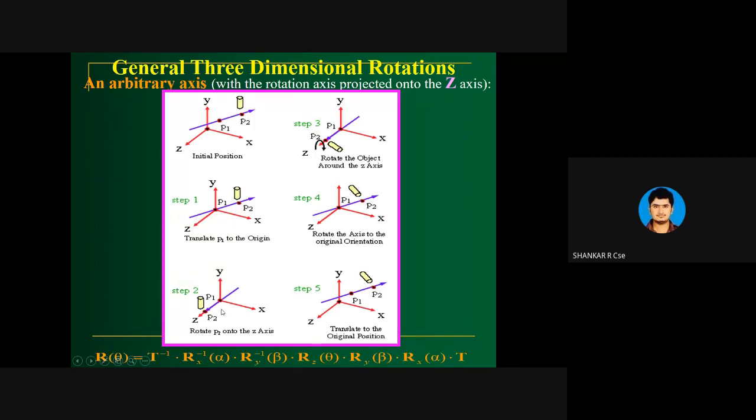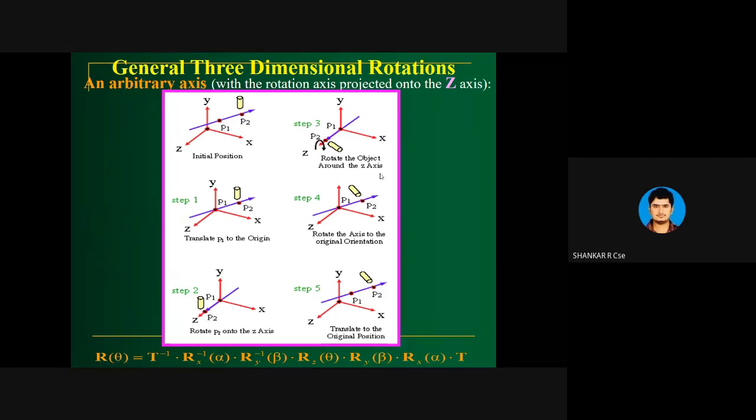First step, origin; second step, put it to the z-axis. This step 2 has 2 parts, which I have considered as step 2a and 2b. 2a is rotating via the x-axis and 2b is rotating via the y-axis.